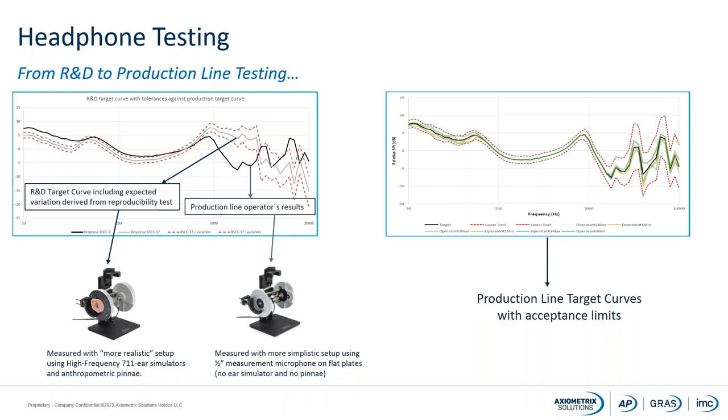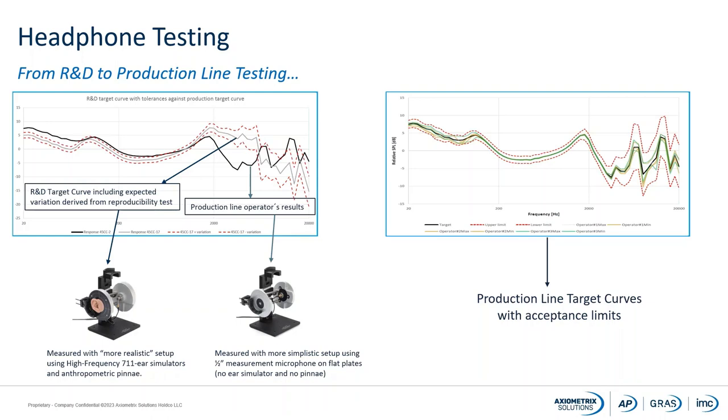The gray curve is what we measure on a realistic setup, and then in R&D, they will probably set some limitations or tolerances according to this curve.